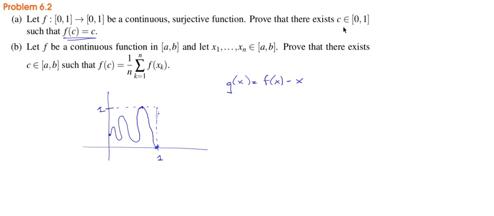Asking that there is a c such that f of c is equal to c is asking, or proving, that there is a c in this interval such that g of c is 0. That is, that g has a root in this interval [0, 1].